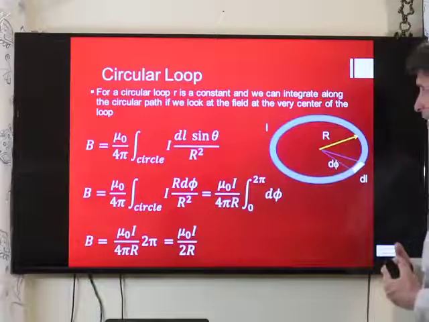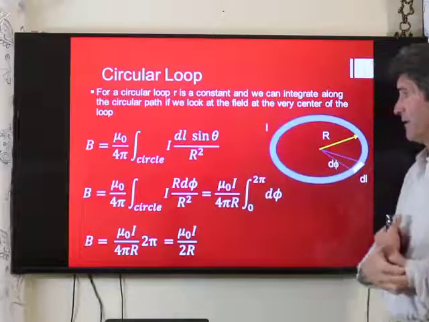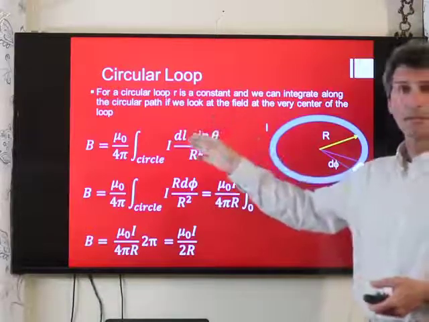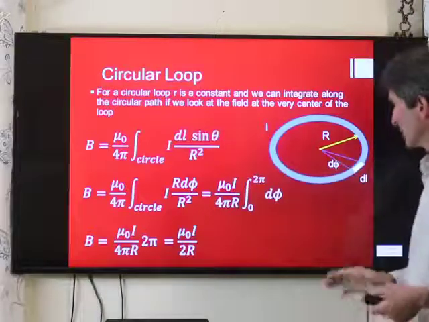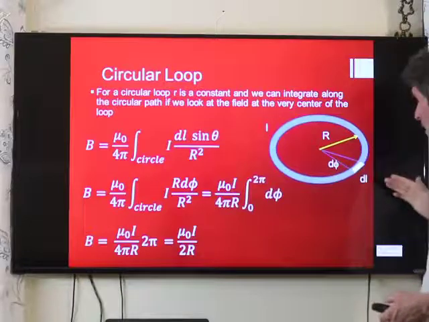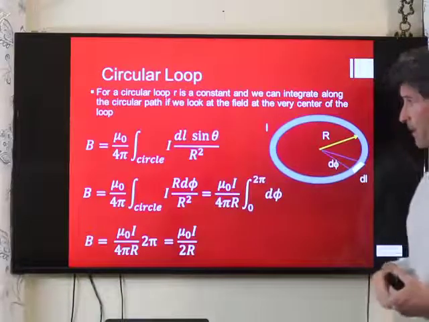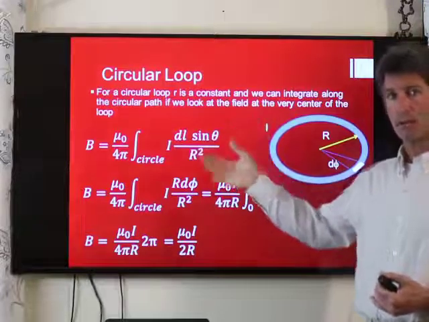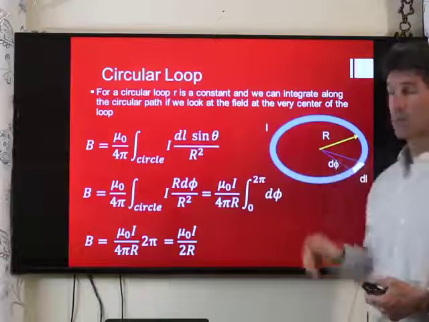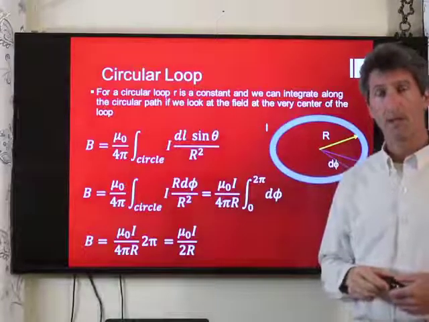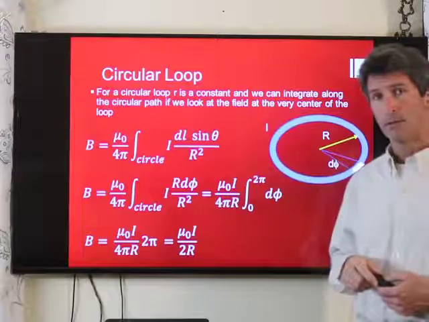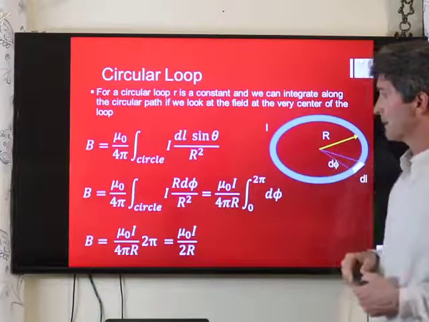In this particular case, we can simplify this a little bit because dl cross r: dl is going this way, r is always pointing toward the center, so sine theta becomes sine of 90 degrees. The dl vector is always perpendicular to the direction that we're looking at. We're always looking toward the center of the circle when we're calculating that magnetic field.